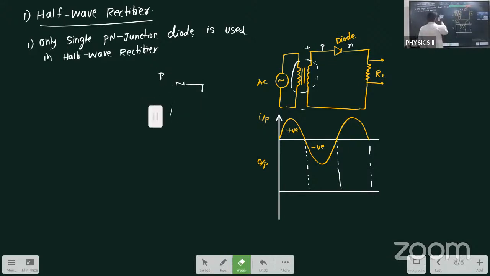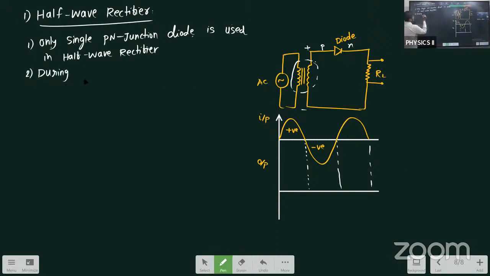During forward bias, will any current flow or not? Definitely yes, the current will flow in forward bias. So see here, what is the first point I am going to write? During positive half cycle, which is a half cycle or full cycle? This is half cycle only. During positive half cycle, the diode is in forward bias or reverse bias?